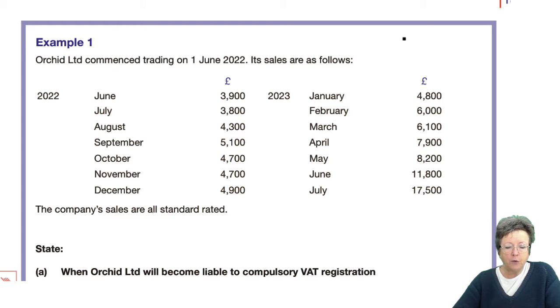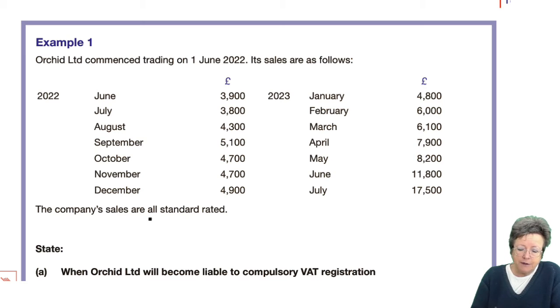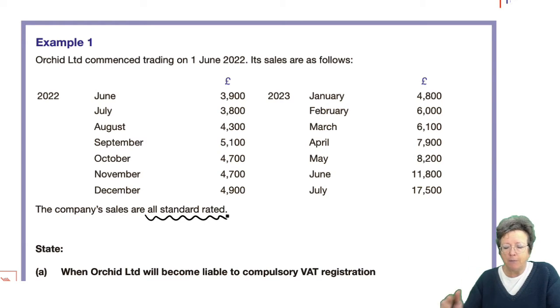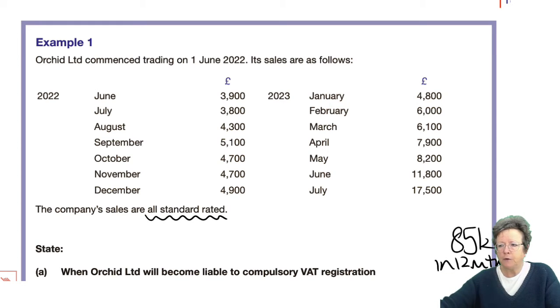Orchid commenced trading 1st of June 2022 and had sales, and they've given you a lot of months with figures. They're all standard rated, so that's good. Remember, we're looking for 85,000 in 12 months.